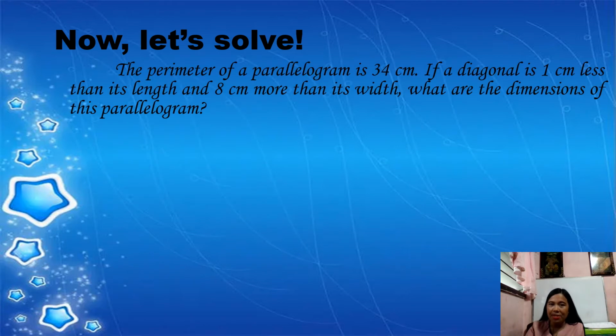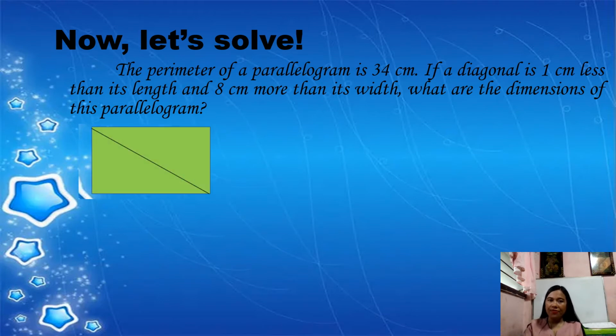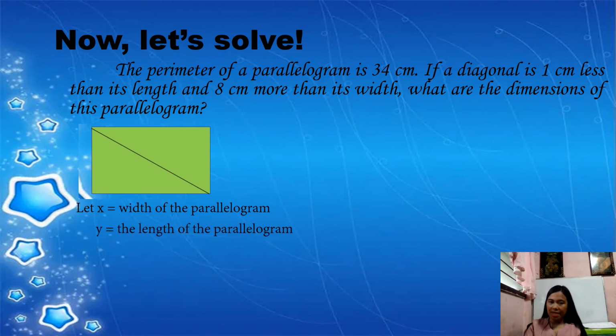The perimeter of a parallelogram is 34 centimeters. If a diagonal is 1 centimeter less than its length and 8 centimeters more than its width, what are the dimensions of this parallelogram? So if this one is the figure and the given is somewhat hidden, we have to let x stand as the width of the parallelogram, while y stands for the length.